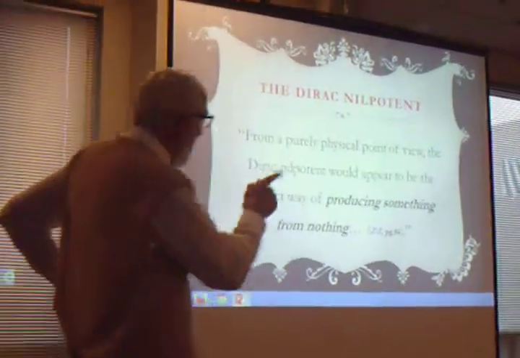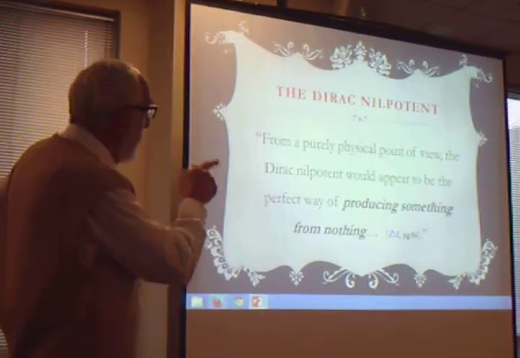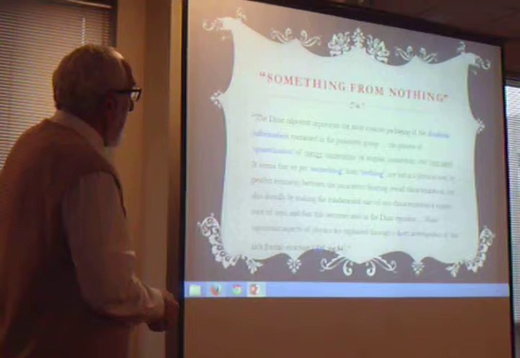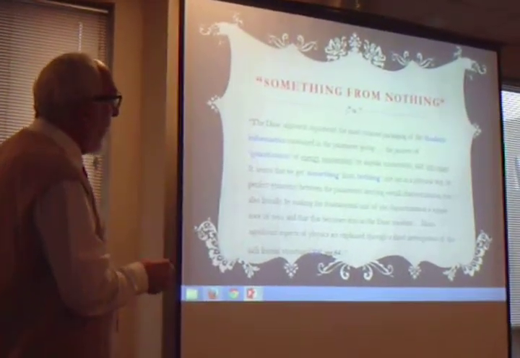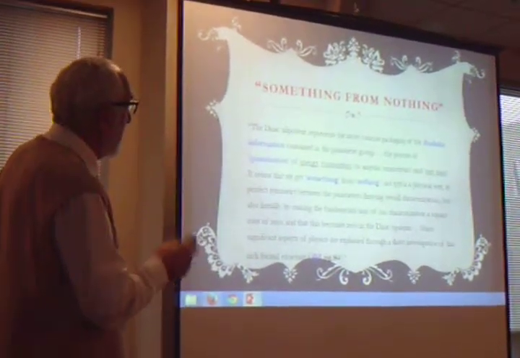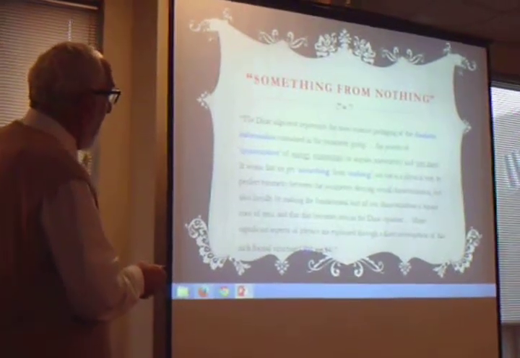Okay, so from a purely physical point of view, the Dirac-Mills would appear to be the perfect way of producing something from nothing. The Dirac-Mills represents the most concise packaging of the dualistic information contained in the parameter group, the process of quantization of energy, momentum, and rest mass.